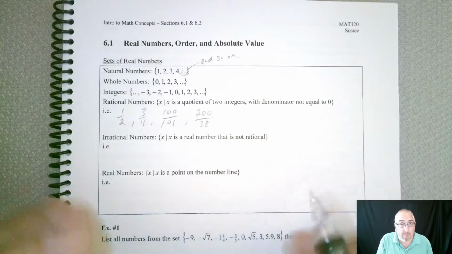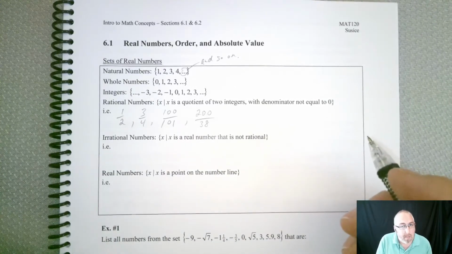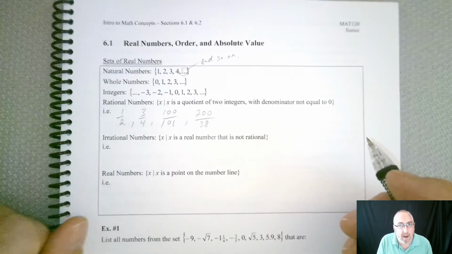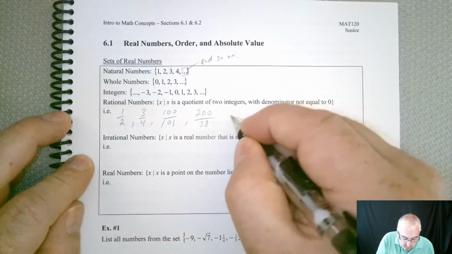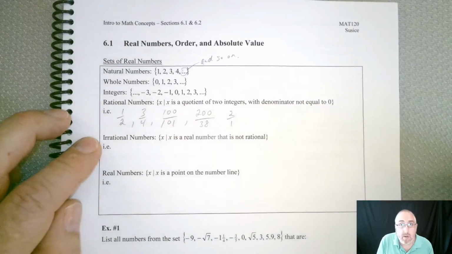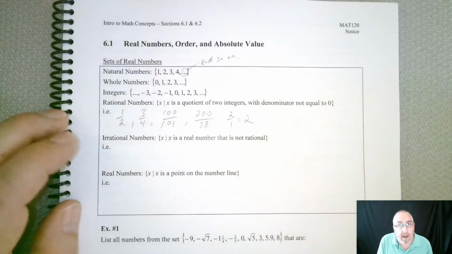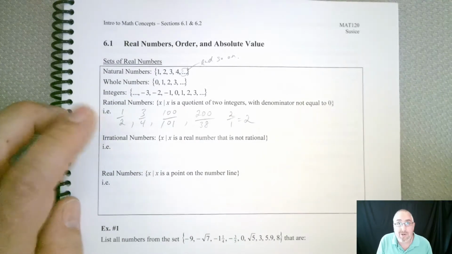So any number we can think of that we can write as a fraction has to be rational. But what about some of these previous ones that we just talked about? Could we write those as fractions? The answer is yeah. So if we wanted to, we could have said, okay, I'm going to put 2 over 1. 2 over 1 reduces down to 2. So that would also be considered a fraction, so it must be a rational number.